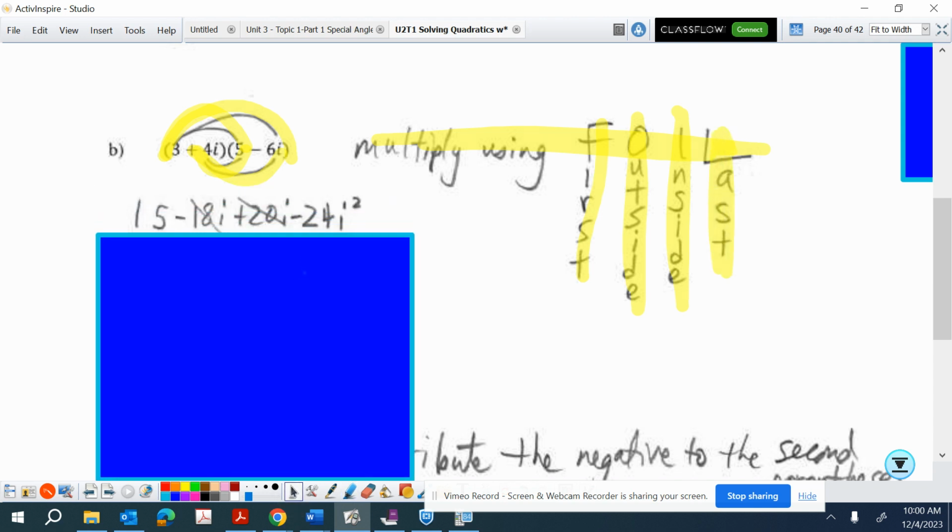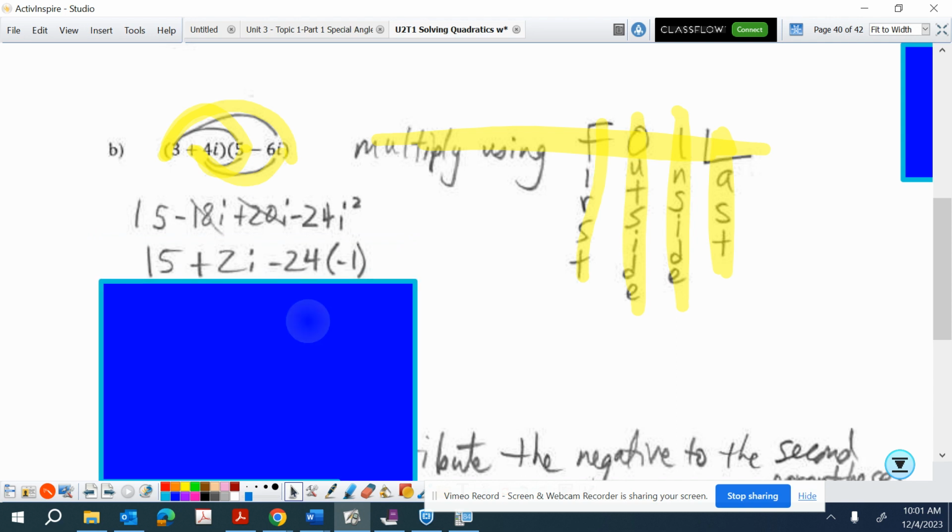So start doing all of your multiplications. 3 times 5, 15. 3 times -6i, -18i. 4i times 5 is positive 20i. And 4i times -6i is -24i squared. Remember, I taught you that i squared equals -1. So get rid of the i squared and put a -1 there.